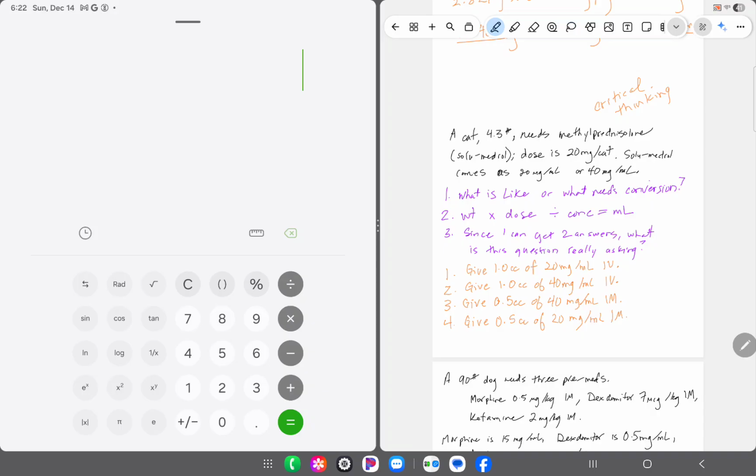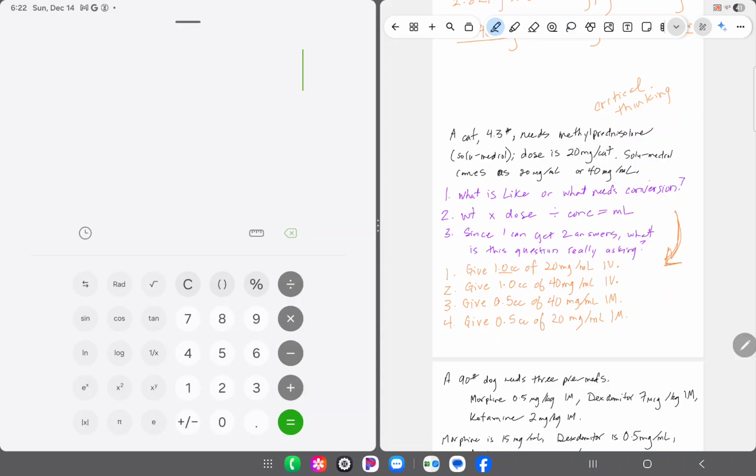So they want to know then, down here in the answer section, they're going to give you answers A, B, C, D, or answer 1, 2, 3, 4. You're going to pick the best one. So let's read the first one and see if we can figure out where they are going with this. You're going to give 1 cc of 20 mg per mil IV. Okay.